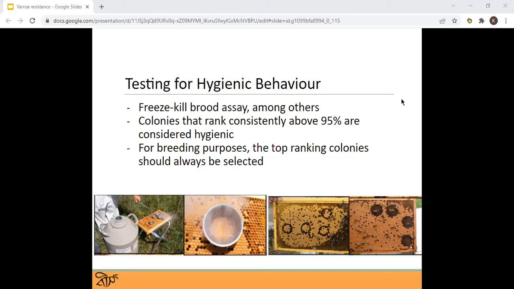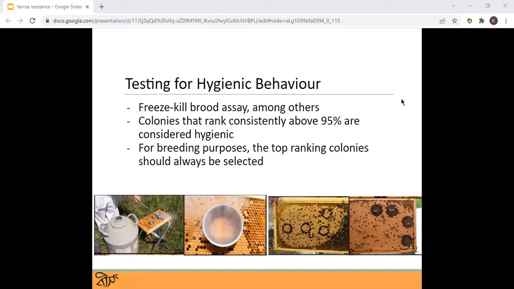Now, there are biosecurity issues that go along with that. We do not want to be introducing American foul brood, for example, into our hives and causing outbreaks for the sake of breeding. Not to mention the animal husbandry considerations that go along with this. So that's something we want to avoid. And instead of doing that, we have field assays that we can do in place of testing against a true pathogen.